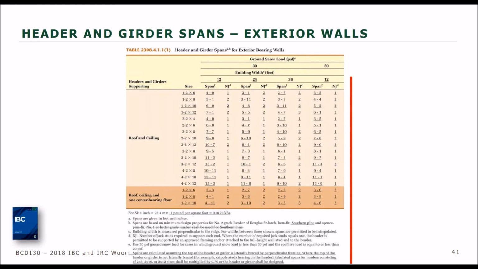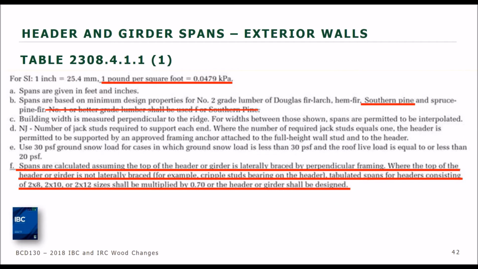One other thing it takes into account, to align with the Wood Frame Construction Manual, is that here on footnote B, this strikes out number 1 Southern Pine. But in footnote F, note that the spans are calculated assuming that the top header and girder are laterally braced by perpendicular framing.